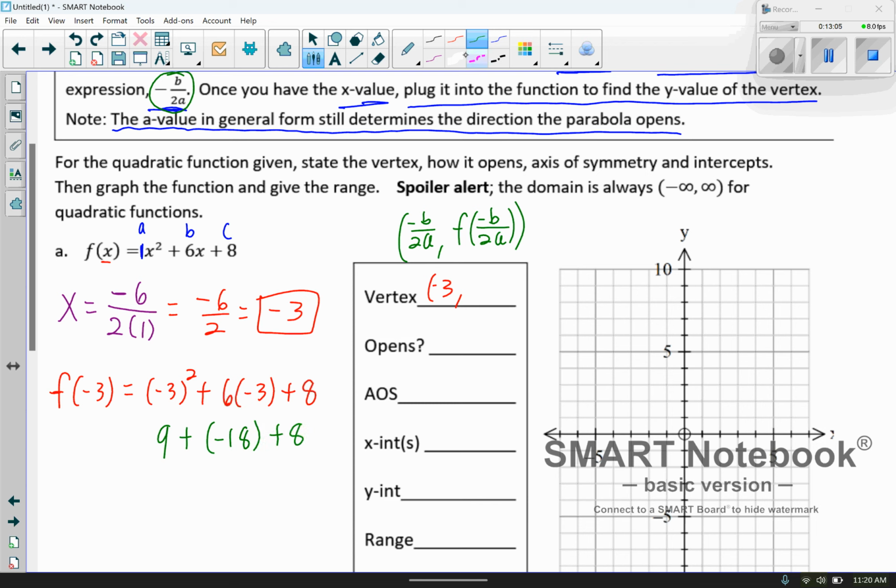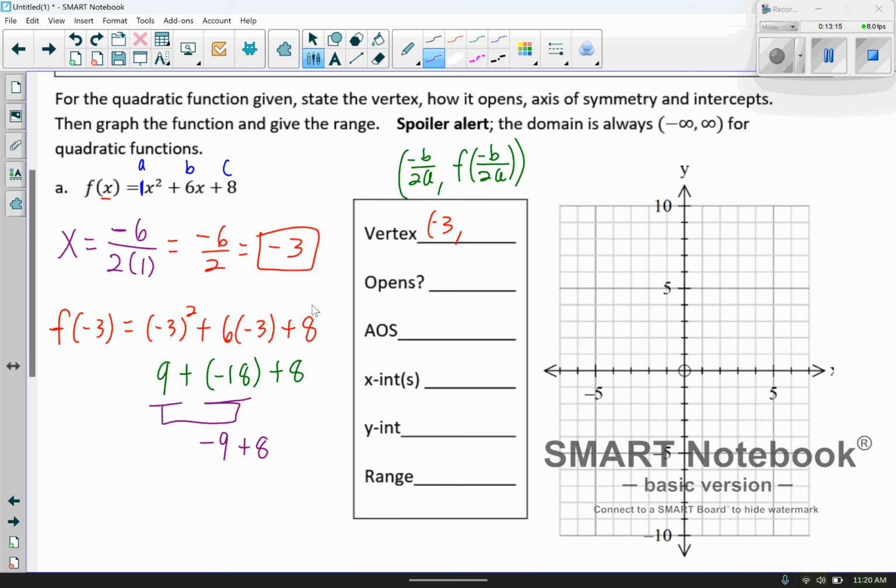So 9 plus negative 18 is negative 9, plus a positive 8. That will give me a negative 1 right there. So the y value is negative 1 for the vertex. So negative 1, 2, 3, and then down 1, there is my vertex.